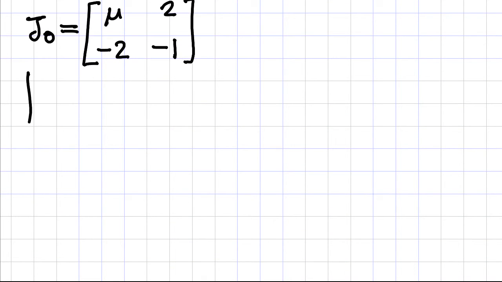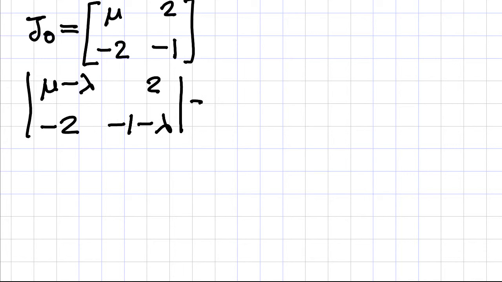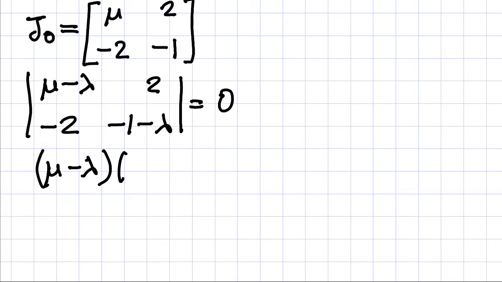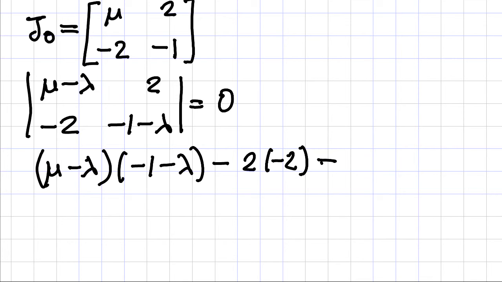So we're solving the determinant of μ − λ, 2, −2, −1 − λ equals 0. So that's (μ − λ)(−1 − λ) − (2)(−2), and all that's equal to 0.